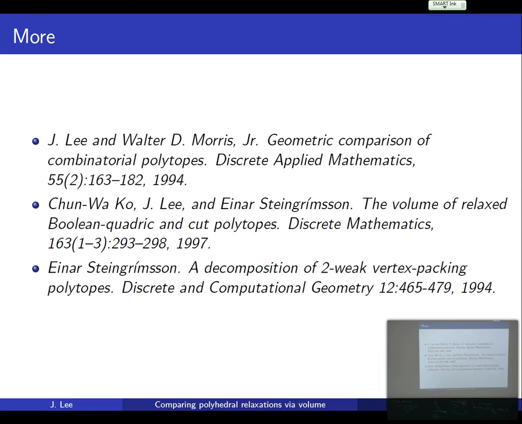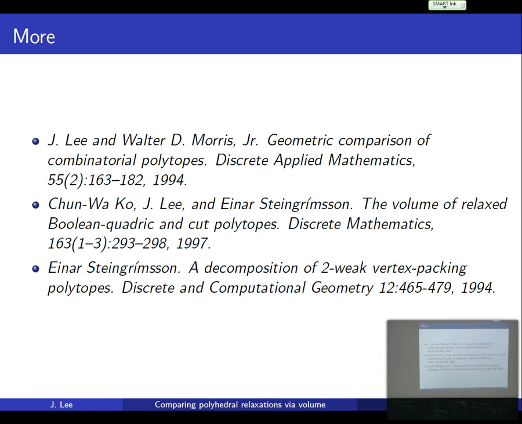We looked at a lot of combinatorial polytopes, and like vertex packing on very special graphs even, like if you know what a threshold graph is. And you can get lots of interesting comparisons of different models for the same problem. So that was just kind of a sample result, but you can find more of this in here.